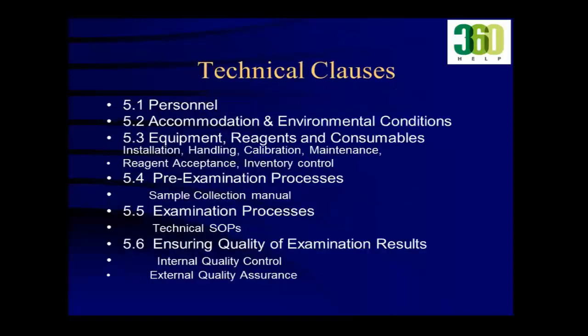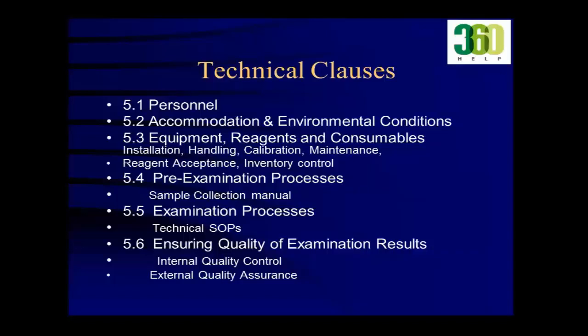Now if you come to technical clauses, the technical clauses are 10 and they are very specific to the specific laboratory. Now if we go by the first clause, 5.1, personnel. Personnel will cover what should be the qualification of your people. If it is a histopathology lab, the technicians should have a particular specific qualification.